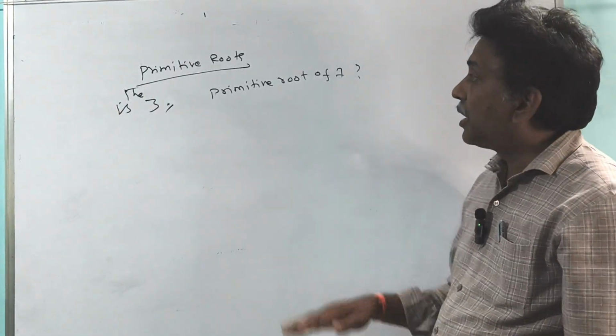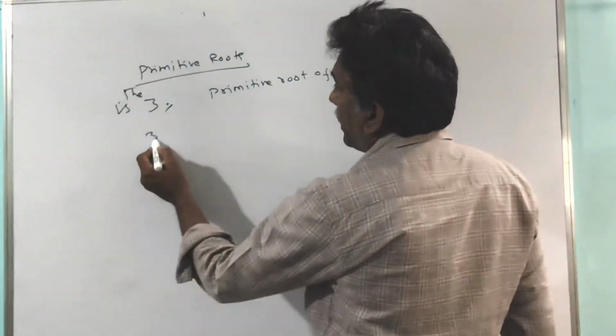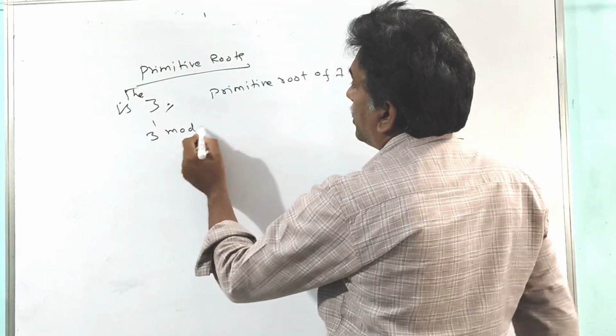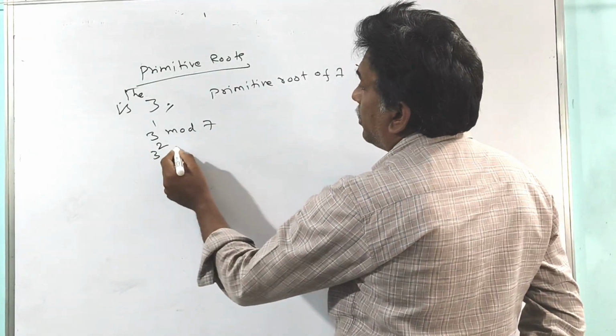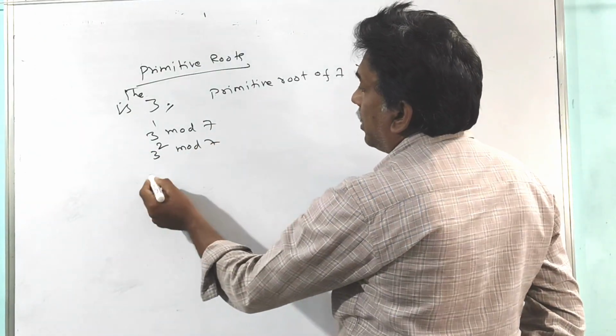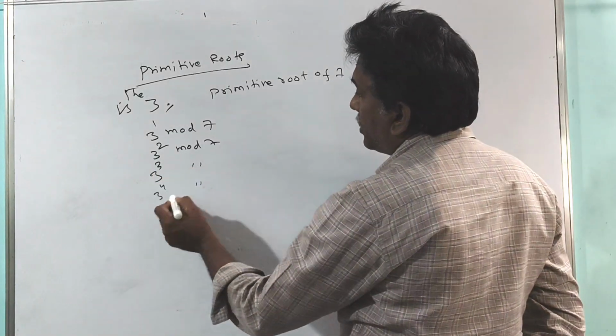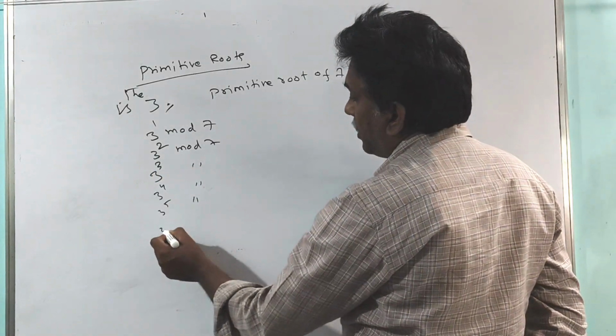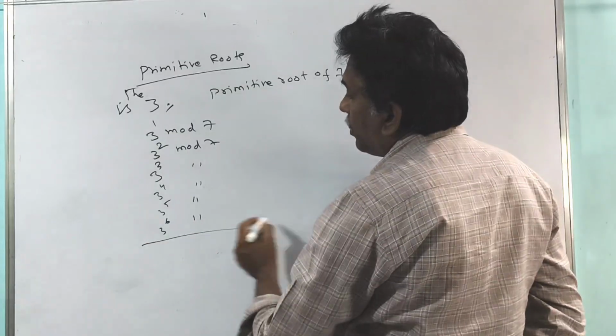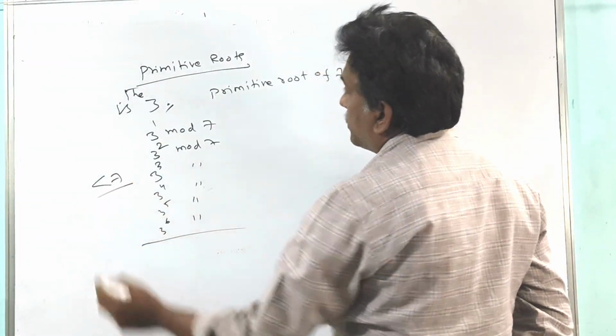Any time a question is asked like this, I need to write 3 power 1 mod 7, similarly 3 power 2 mod 7, up to 3 power 6: 3 power 4 mod 7, 3 power 5 mod 7, 3 power 6 mod 7. So you need to write values below 7.